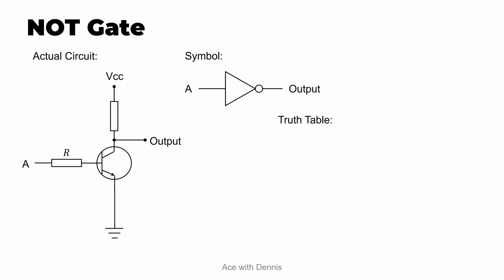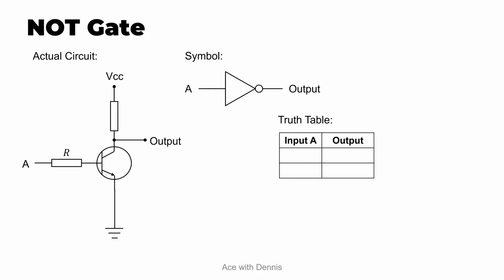So here's the truth table of a NOT gate. For input A, when it is 0, which means that this transistor is turned off, the current will flow through this resistor and flow into the output here. Right? So when there is a current flowing at this point, then the output will be 1.